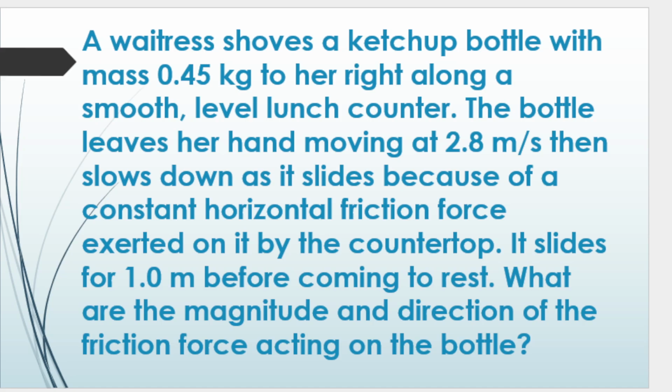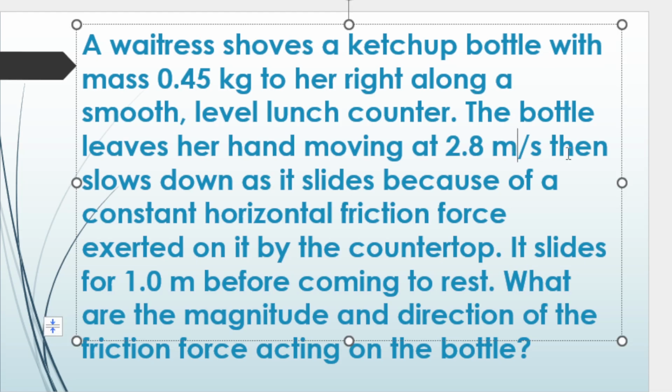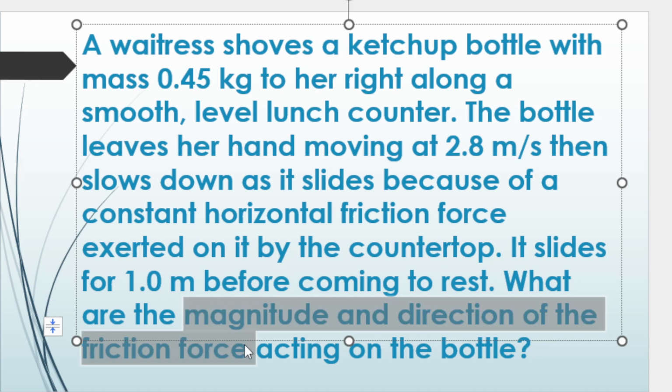The bottle leaves her hand moving at 2.8, then slows down as it slides because of a constant horizontal friction force exerted on it by the countertop. It slides for 10 meters before coming to rest. What are the magnitude and direction of the friction force acting on the bottle? So we are actually looking for the friction force.